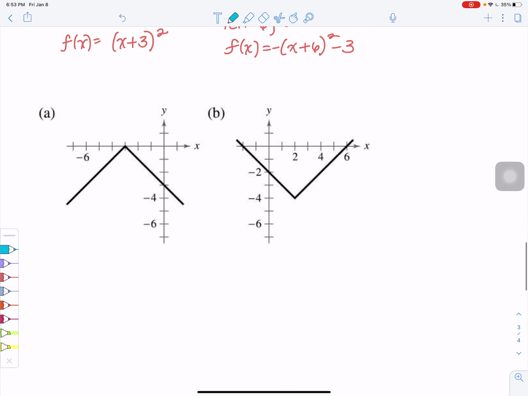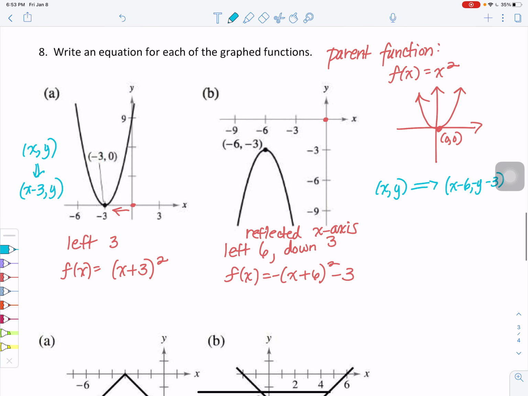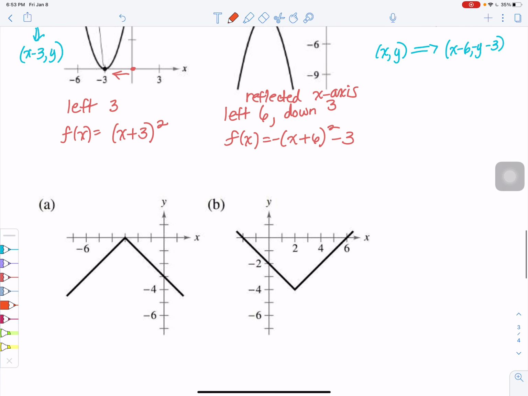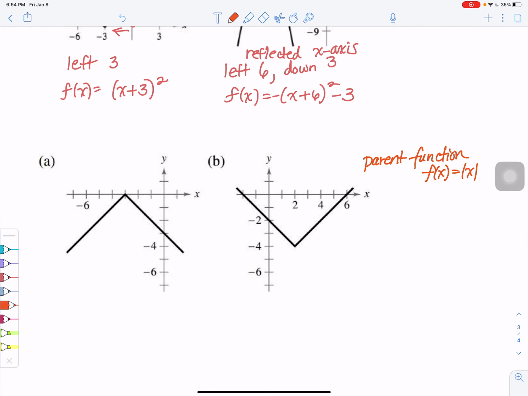Okay, the last problem in this practice, we'll go ahead and write what the parent function is, and of course you can see that this is the absolute value function. Okay, and here all we did was shift left 3, and we reflected across the x-axis.